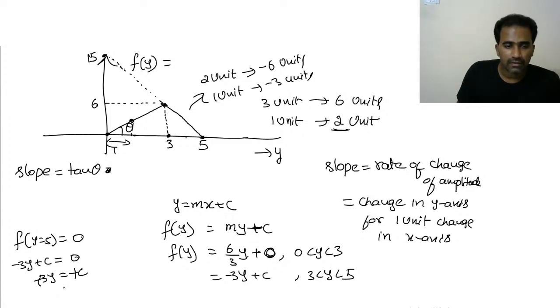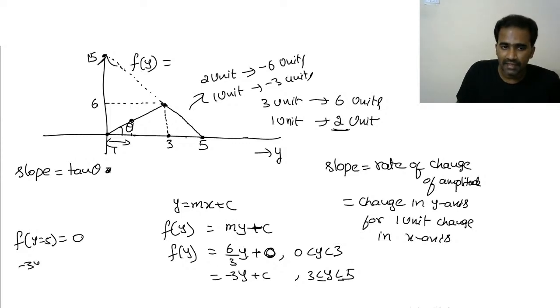The equation minus 3y plus c should become 0 when you substitute y equal to 5. So let me substitute y equal to 5 here. The valid equation at y equal to 5 is this equation.